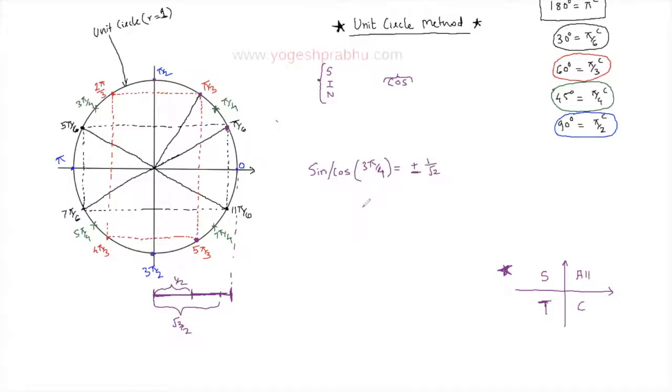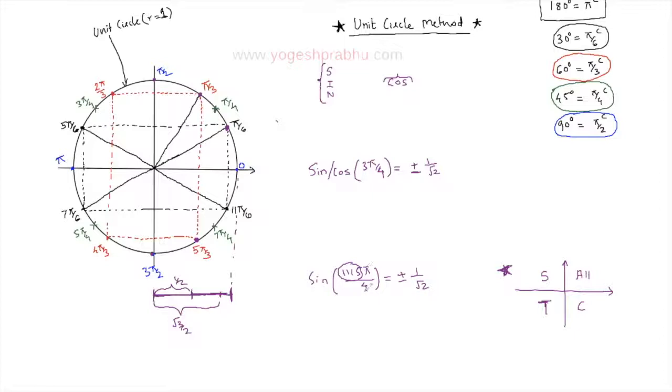It can't be anything else. So whenever you say sine of, say, 1115 pi by 4, some number, any number is good, and you see divide by 4, you know the answer is 1 by root 2. Well, it can be plus or minus. That's a different story. But the answer is going to be 1 by root 2 for sure.